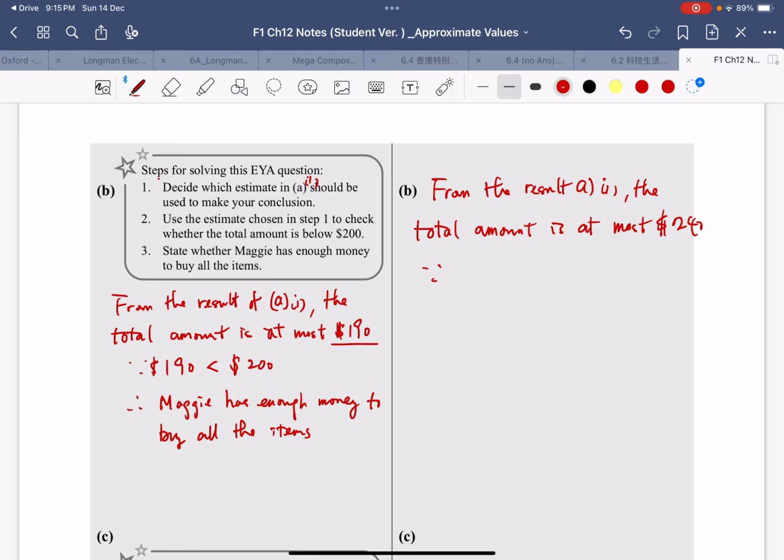And since this 240 is less than, then therefore Mrs. Wong has enough money to buy all the items.